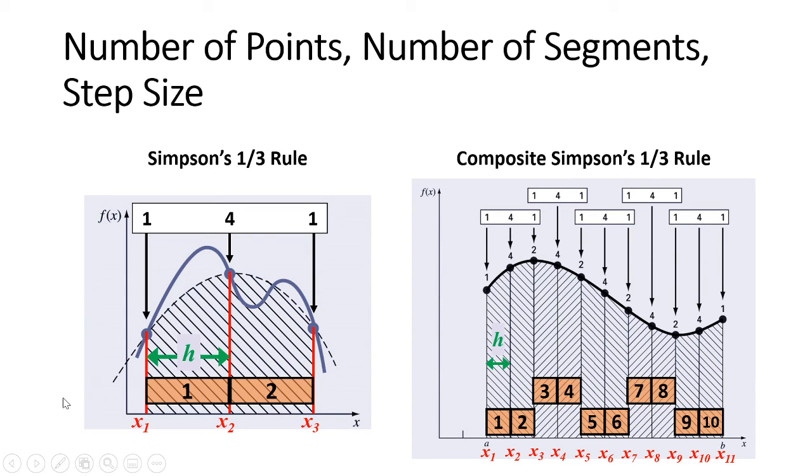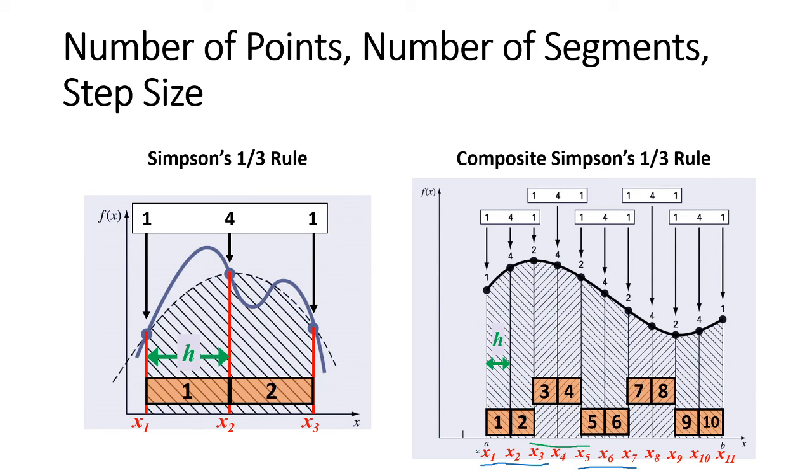There is another quick concept that I would like to highlight. Take note that when I apply Simpson's one-third rule for the first time, I need 3 points, which are x1, x2, and x3. And when I apply Simpson's one-third rule for the second time, I need 3 points also, and these points would be x3, x4, and x5. The third time, it would be segment 5 and segment 6, so that will be x5, x6, and x7.